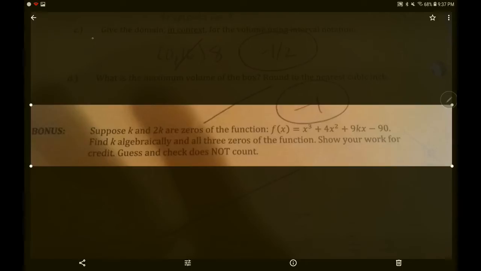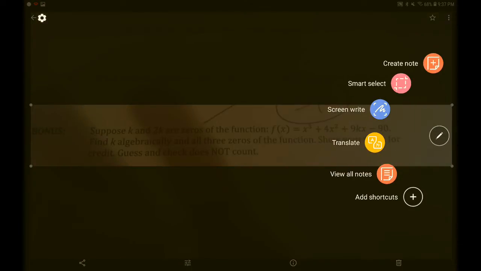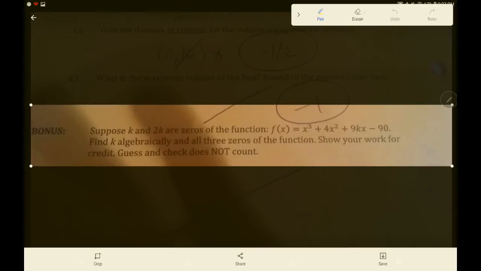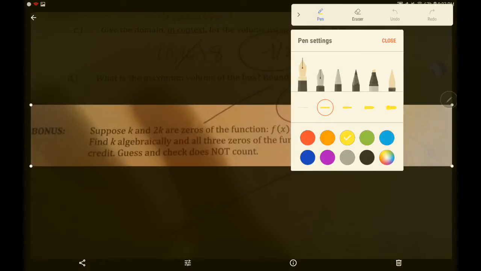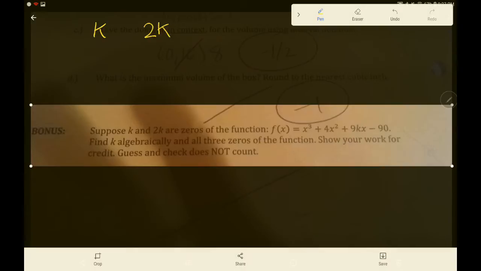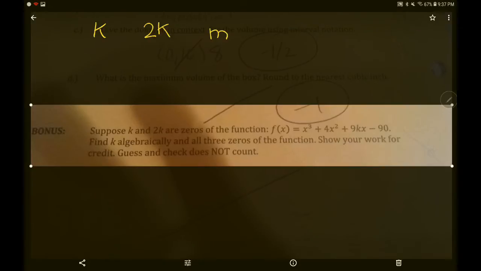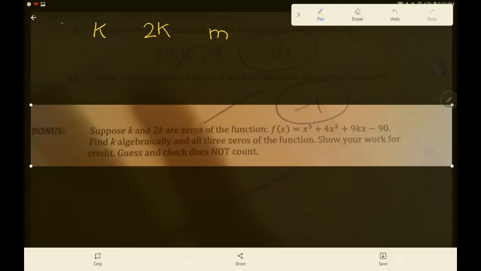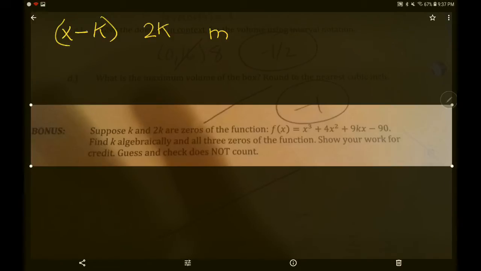So we know that two of the zeros are k and 2k, and let's just call the third zero m. Then the three factors are x minus k, x minus 2k, and x minus m.